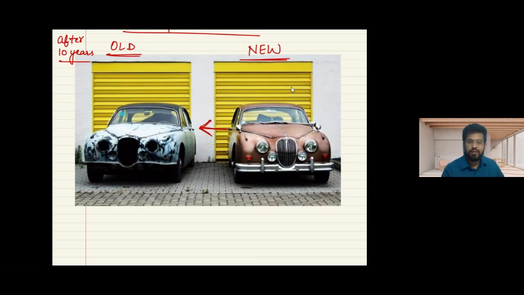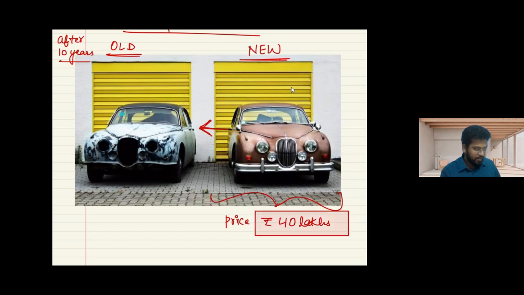Now, if I say that I purchased this brand new car, the price of the brand new car was rupees 40 lakhs. I paid 40 lakhs for this brand new car.